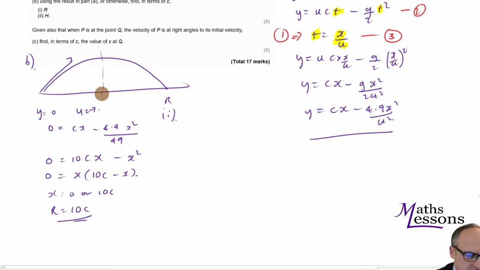So the maximum comes at the midpoint: if R equals 10c, then the x value at this point will equal 5c. We can substitute that into this equation. So y equals 5c times c, that's 5c squared, minus, since 4.9 over 49 gives me 1/10, 5c squared over 10.